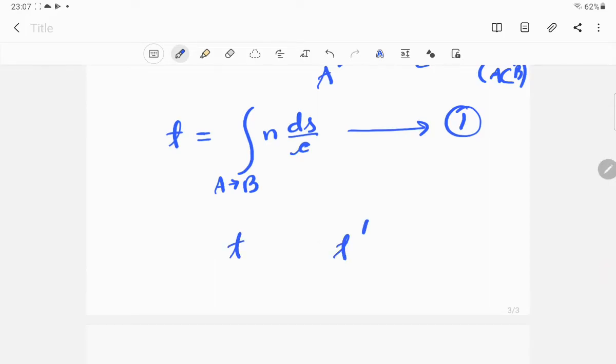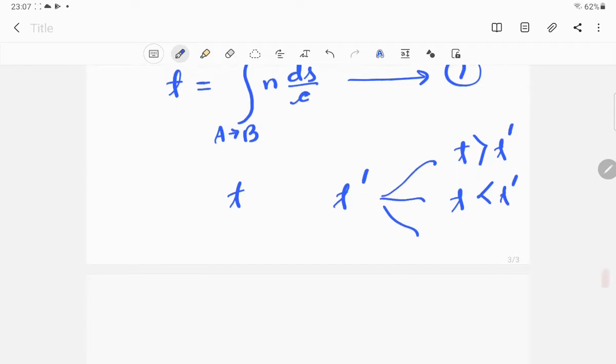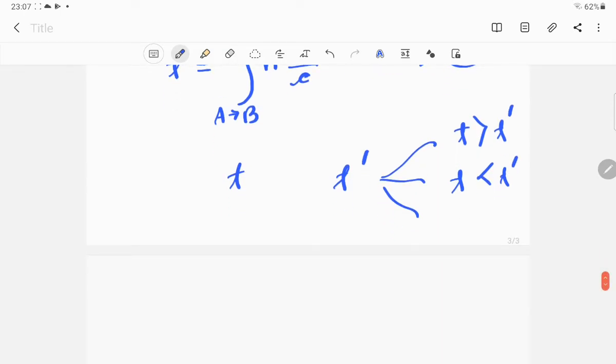So how many possibilities do we have? There are three possibilities: t is greater than t dash, t is less than t dash, or they are equal. These are the possibilities, isn't it?